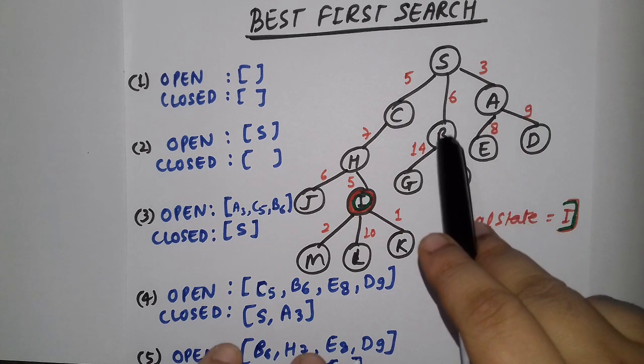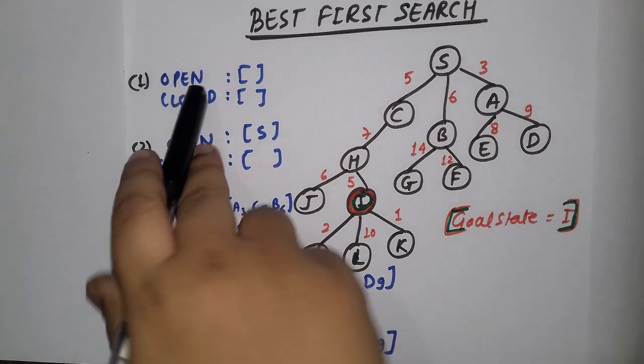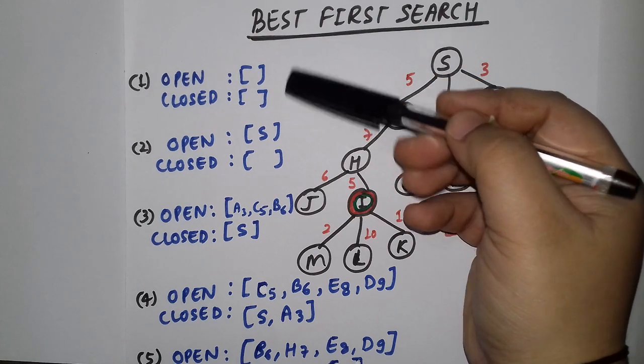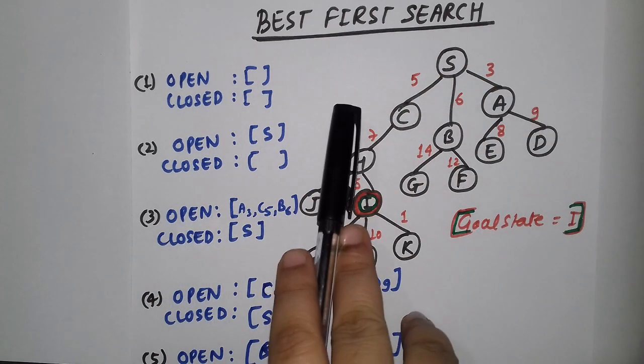And now we have to choose the ascending order. Don't get confused. Just concentrate, as here we have taken two lists, open and closed. You can see that both lists are empty in the beginning.